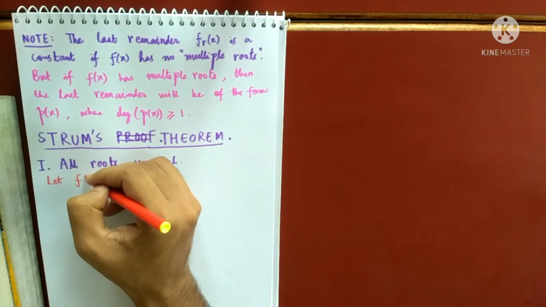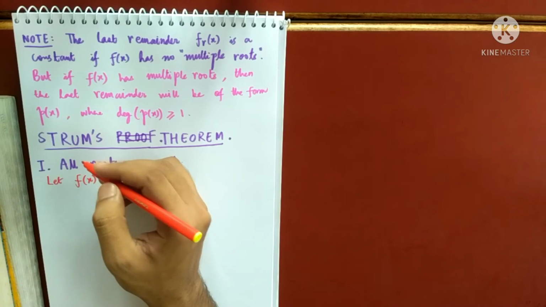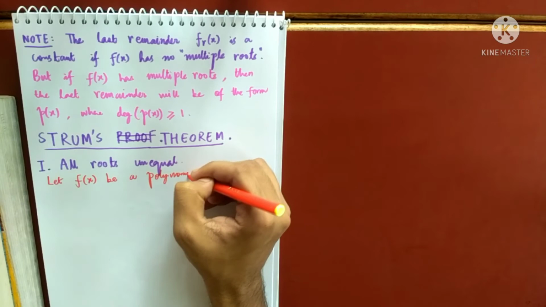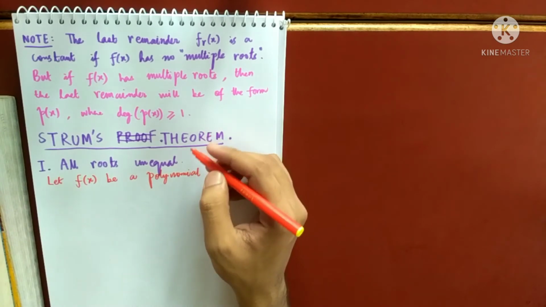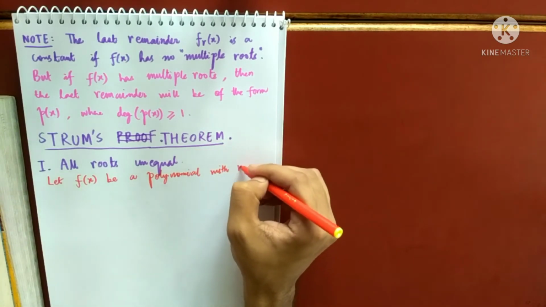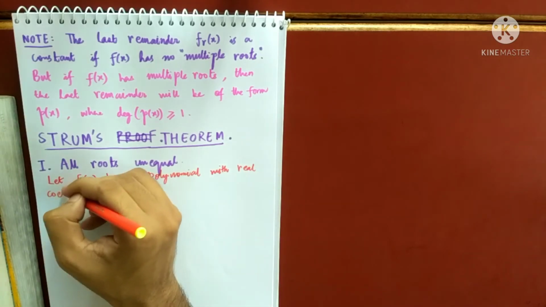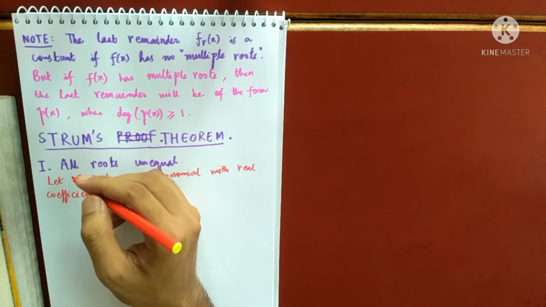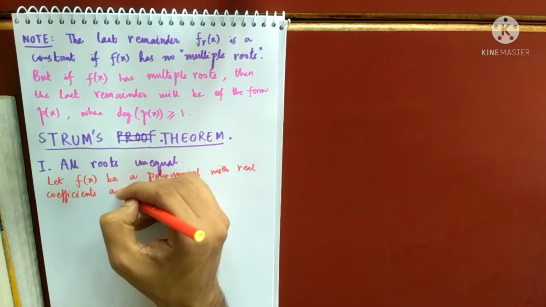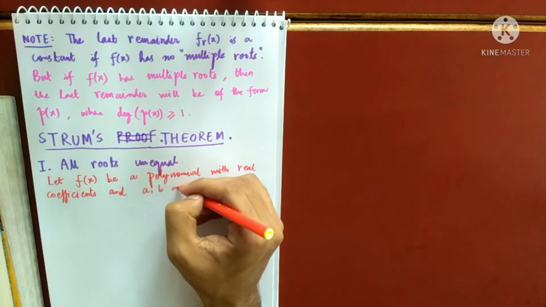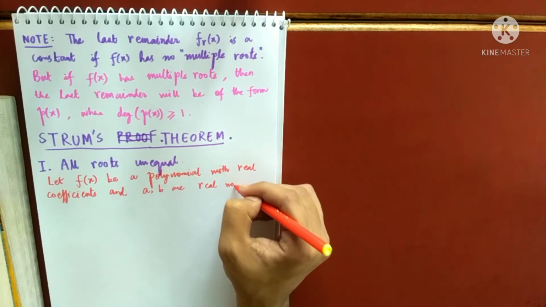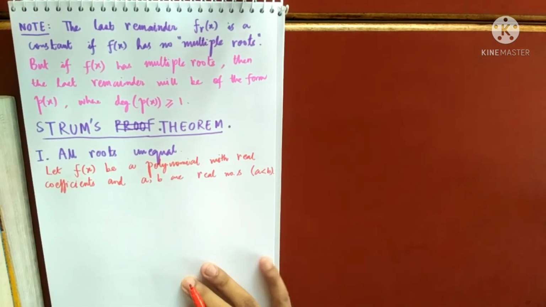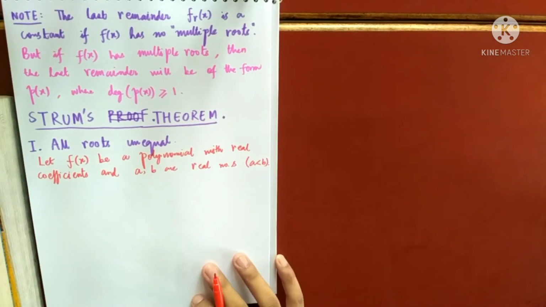Let f(x) be a polynomial with real coefficients, and a and b are real numbers, assuming a is strictly less than b. a can be 1, b can be 5, and so on, right? So I have taken some interval basically.